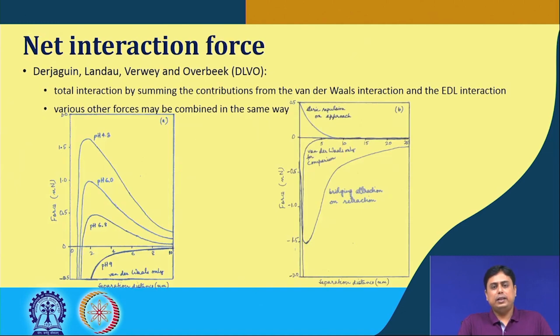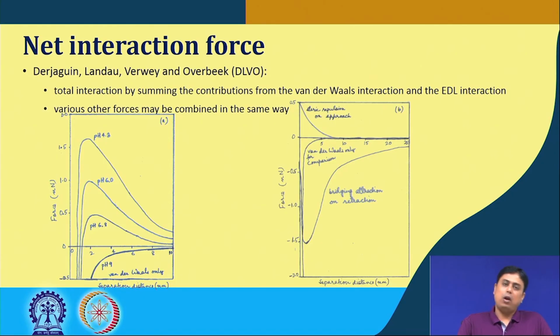Now, what would then be the net interaction force between the particles? Derjaguin, Landau, Verwey and Overbeek, together with these names of the scientists, is called the DLVO theory. It sums up that the total interaction is basically the sum of the contributions of van der Waals and double layer interactions.